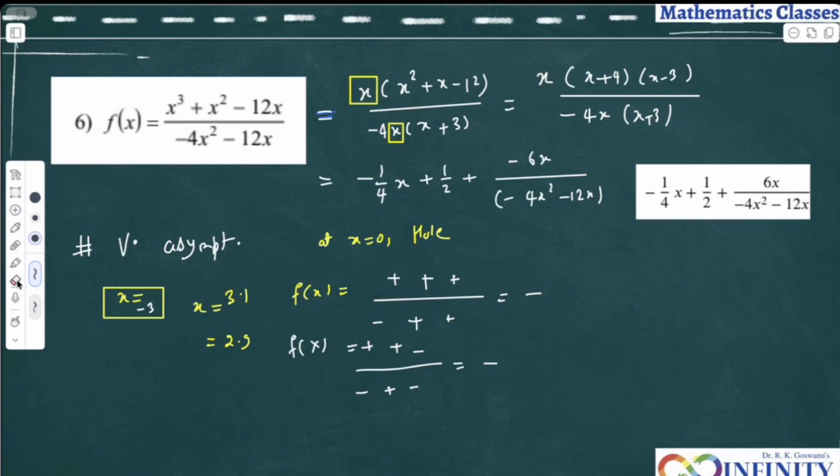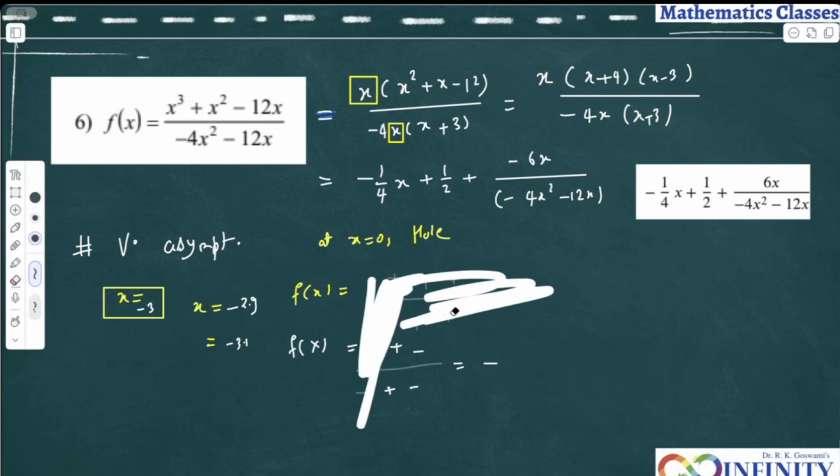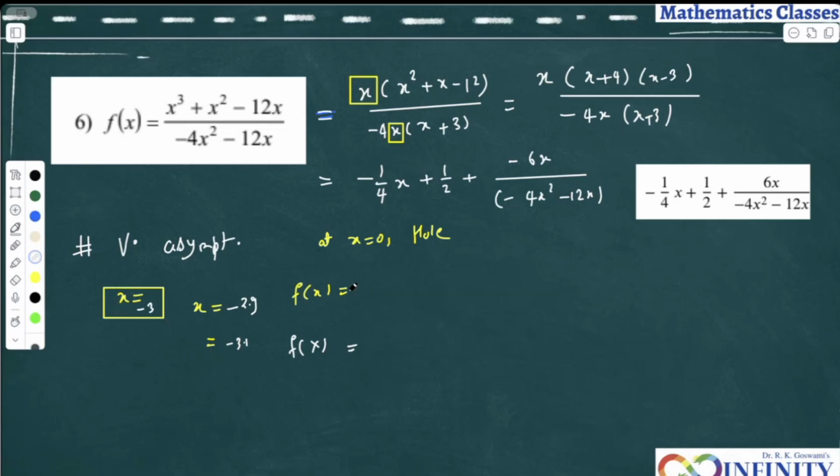On the left of this, I should use negative 2.9 and negative 3.1. So that is why both the values are coming out to be the same. The value of the function is going to be positive in this case. The value of the function is going to be negative in this case. These are the corrections.